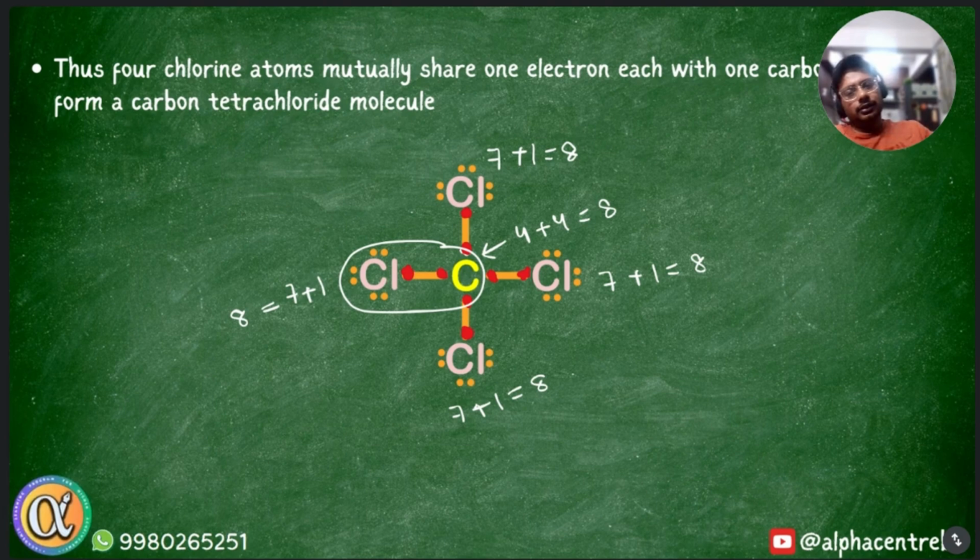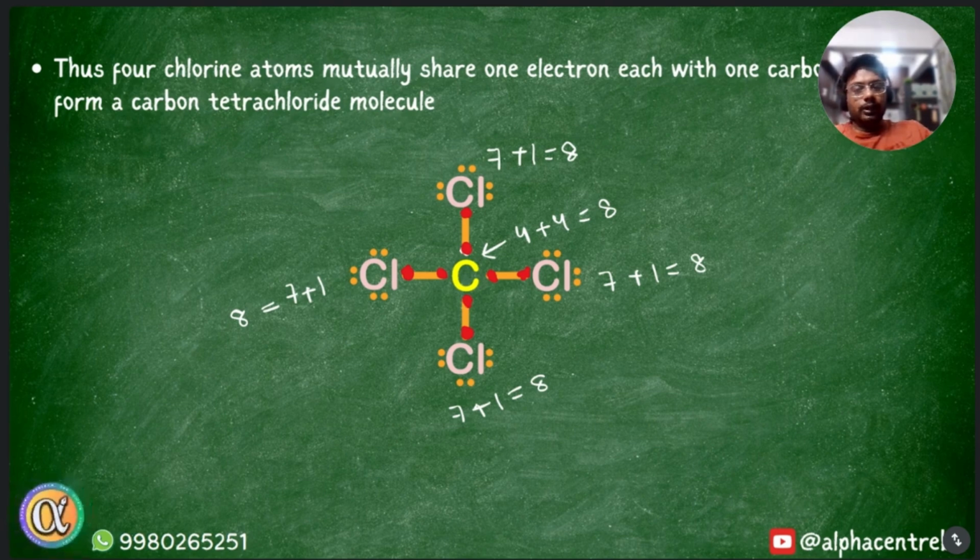That bond between one carbon and one chlorine, is it polar in nature or not? It is polar in nature, yes.